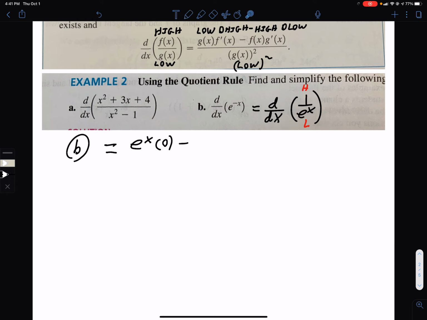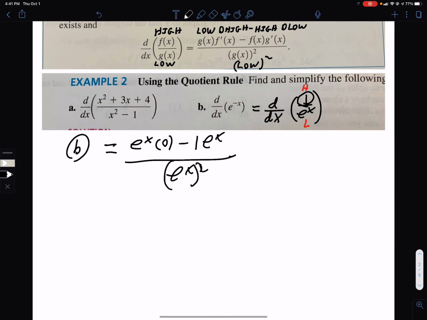Wait, low d high, sorry, I already did that. Low d high, now I'm going to do minus high d low. So high is just 1, so I copy 1. The derivative of the low is just e to the x, all over low squared.